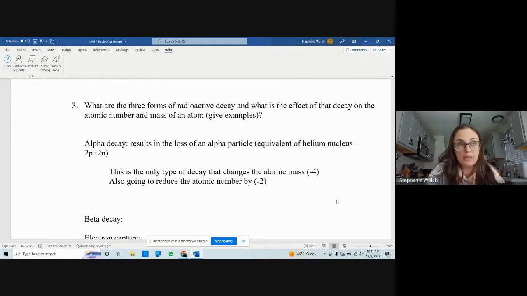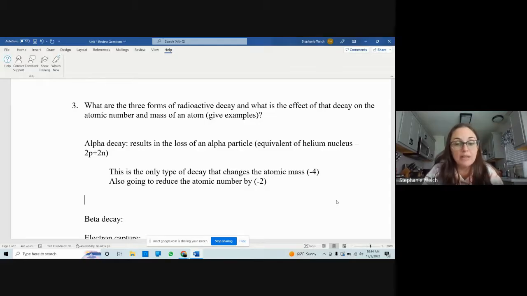So a good example of this might be something like uranium dating. Anything that's going to be really big to start with, like some of those really, really hot, big numbers, high numbers on the periodic table, everything past lead actually is radioactive and definitely subject to alpha decay.